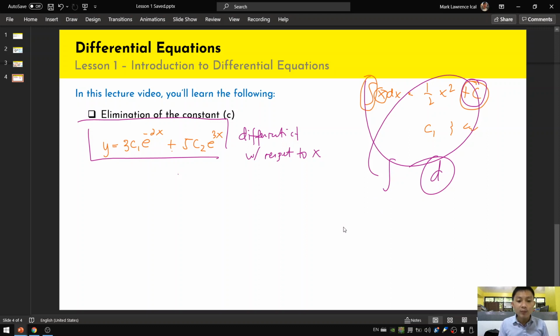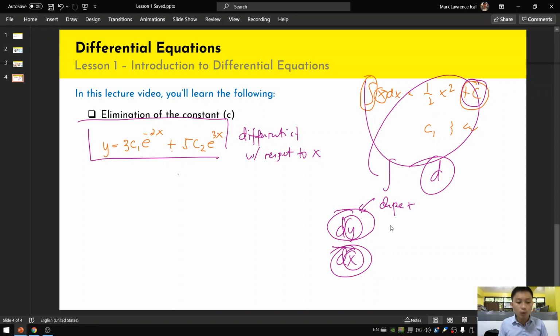As you can see again, in dy over dx, the independent variable is x, and the dependent variable is y. So what this means is the value or the function of y is dependent on the x. This is the dependent one and this is the independent one.